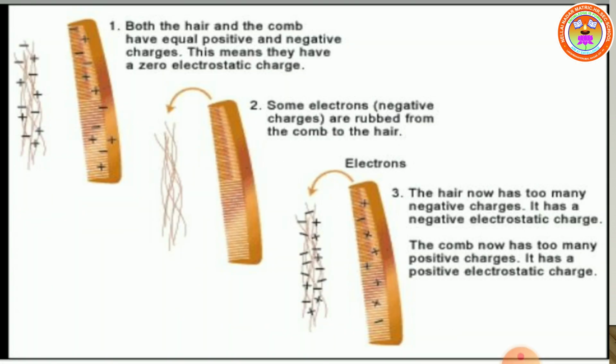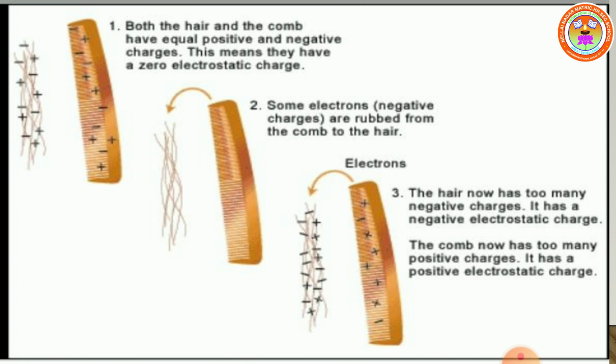Before combing, both the hair and the comb have equal positive and negative charges, which means they have zero electric charge. Some electrons, that means negative charge, are rubbed from the hair to the comb.